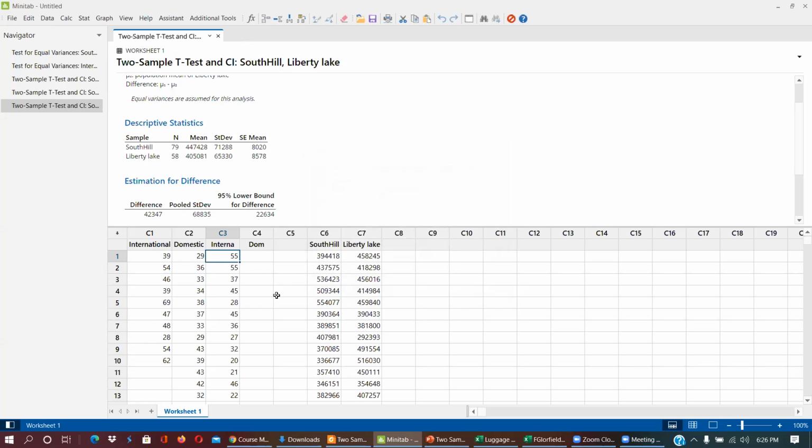Okay, for example, I have three sets of bags. I have these three data sets.